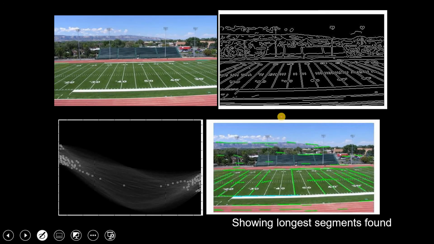Here is another example. This is the image of American football. The image is first transformed into an edge image, and then from the edge image we try to extract these lines.